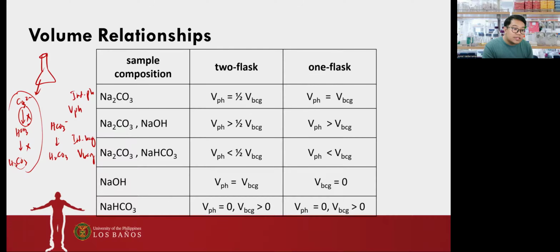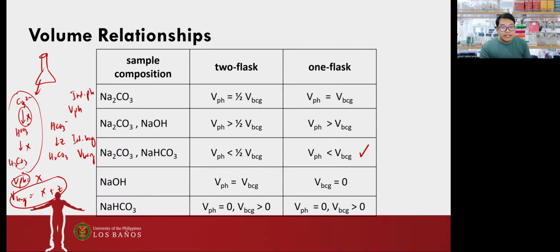So let's refer this kunwari as Z. Yan. So ang VPH natin ay equal lamang kay X at ang VBCG natin ay equal sa X plus Z. So take note that since mas malaki ang BCG kaysa kay pH, ayan. So, yun yung ating establishment of the volume relationship kapag one flask. So, meaning to say, sodium carbonate at sodium bicarb lang yung meron dun sa ating sample.